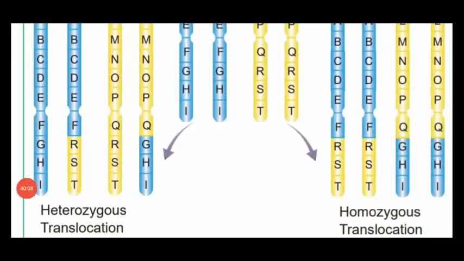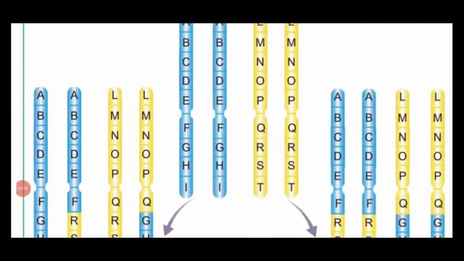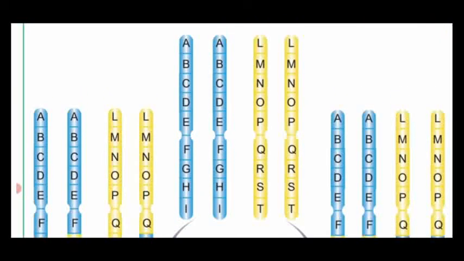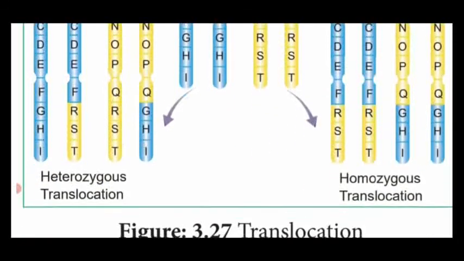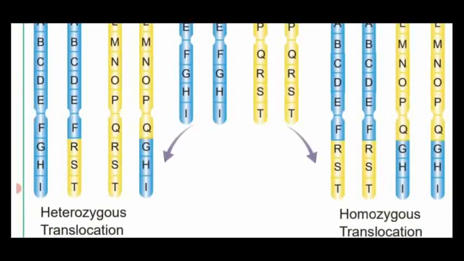Dear students, see the diagram. The center diagram shows the normal chromosomes. First one is the homologous. Another one in yellow color is the non-homologous. The homologous chromosome has the gene segments A to I. The non-homologous has L to T. The color is also shown to identify the different pairs of homologous chromosomes. First one, heterozygous translocation.